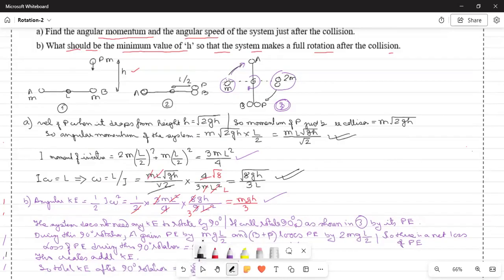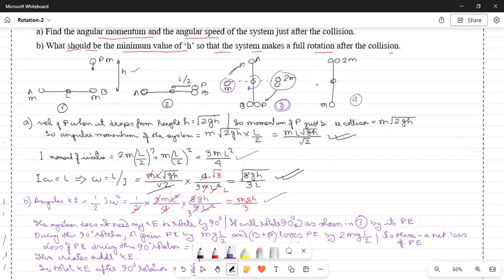And with that kinetic energy, whether it can rotate by a complete 90 degrees depends upon how much kinetic energy it has. If it can rotate completely, where it has a mass 2m upward and m downward, we call this situation 4.